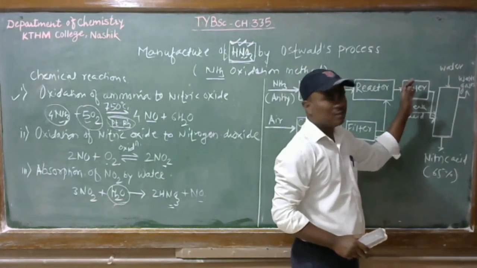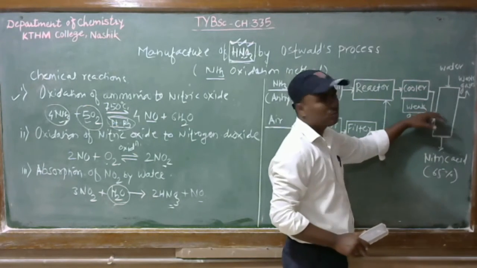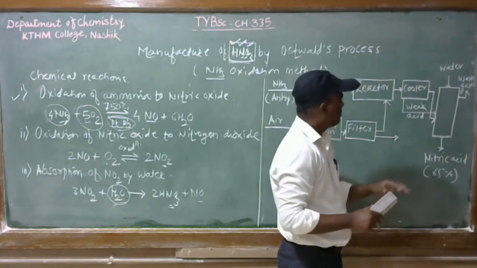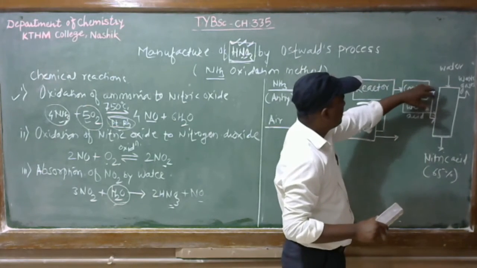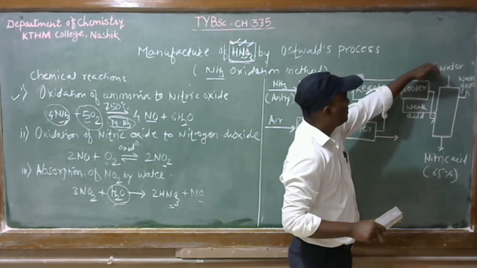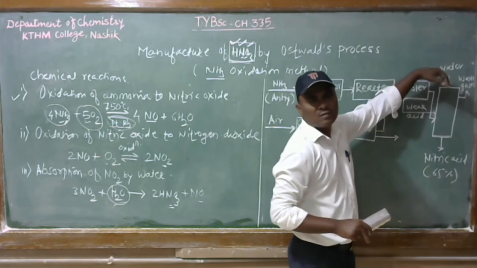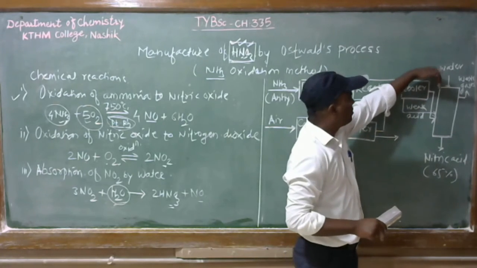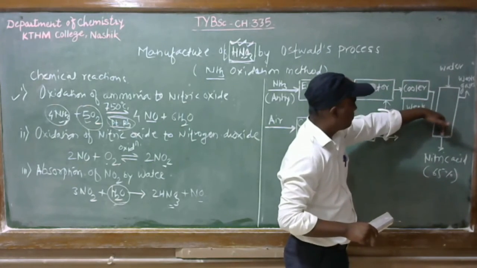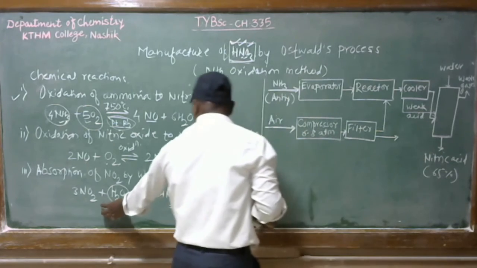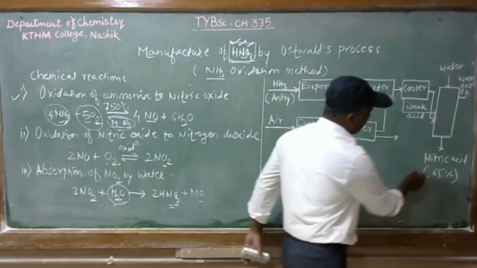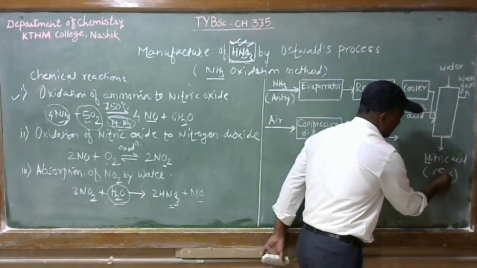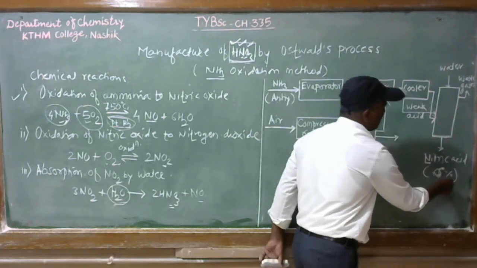These reaction gases are cooled and then passed into one tower, a stainless steel tower, where water is poured from the top, where this absorption will take place, and it will give nitric acid, and the yield obtained by this process is 65%.